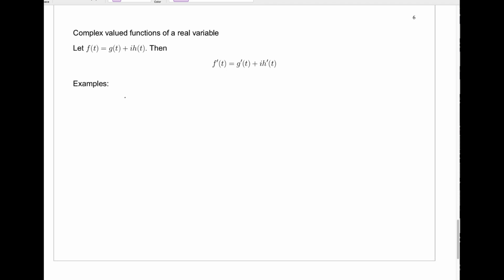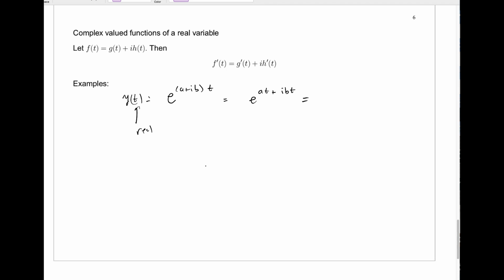That makes it easy to understand functions like, I'll call it y of t equals e to the, say, a plus ib times t. This is a function of the real variable t. Here a and b are the real and imaginary parts of this number, a plus ib. This is in general a complex valued function. We can think of this as the function e to the at plus ibt.